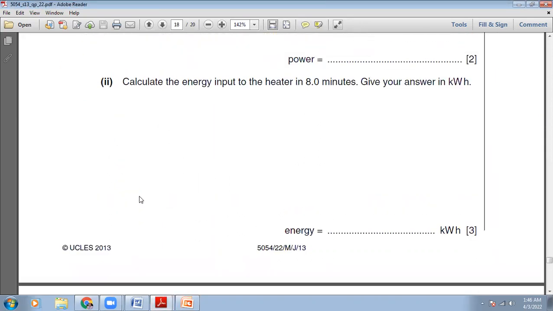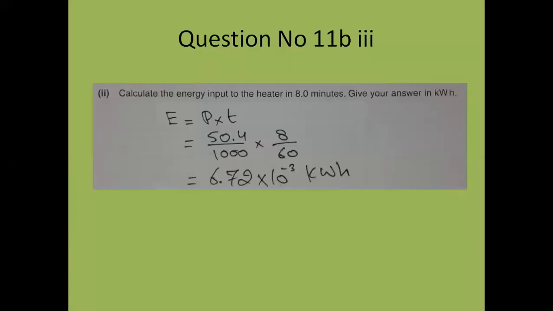Then they say calculate the energy input to the heater in 8 minutes. Give your answer in kilowatt hour. So if you want to calculate the energy, the formula for the energy is power multiplied by time, and the power should be in kilowatts and the time must be in hours. So 50.4 watt, if you want to convert it into kilowatts, you divide it by 1000. And time is 8 minutes, so if you want to convert it into hours, you divide it by 60.